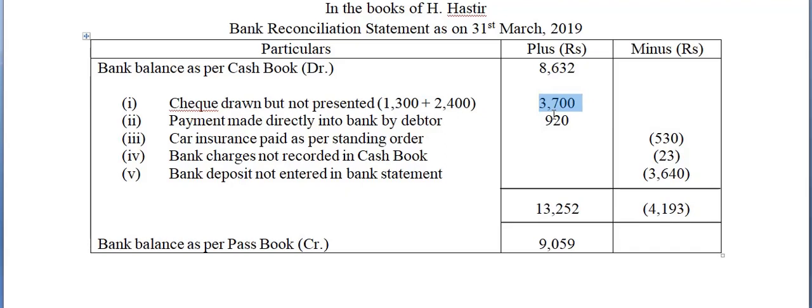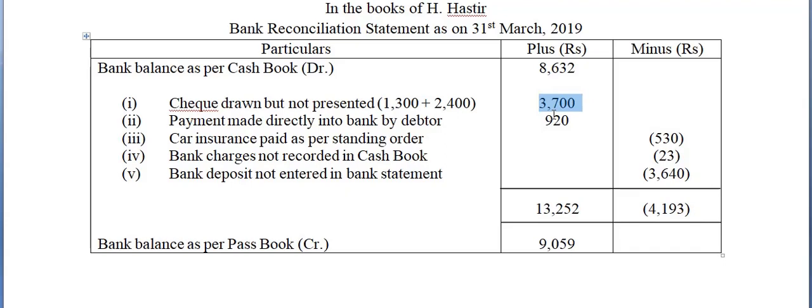Now point number 2. A payment of rupees 920 from B Bhaval made direct to the bank by credit transfer had not been recorded in the cash book. So the money has been deposited by one of your debtors, that is B Bhaval. He deposited 920 rupees in your bank account, but the same transaction was not recorded in the cash book.